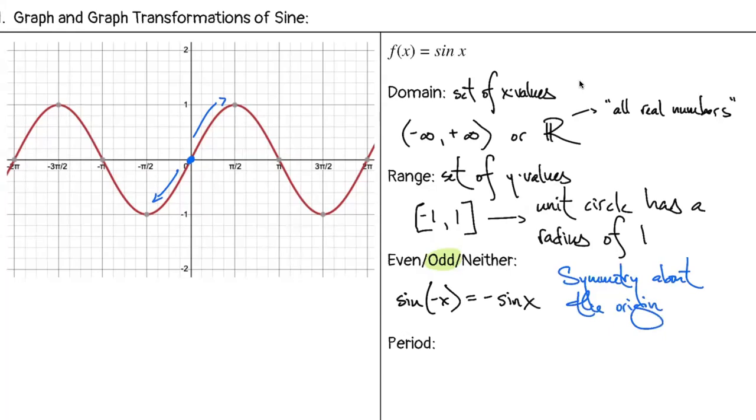Symmetry about the origin. In other words, if I plug in, let's say we pick a value, right? Let's say sine of negative pi over 2. From our graph, can someone tell me what sine of negative pi over 2 is?